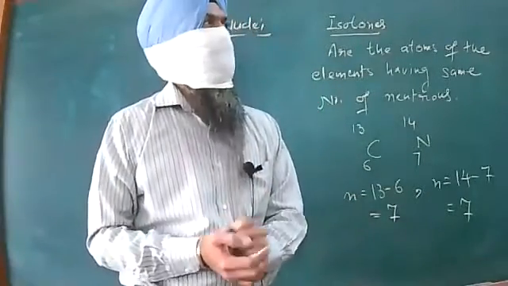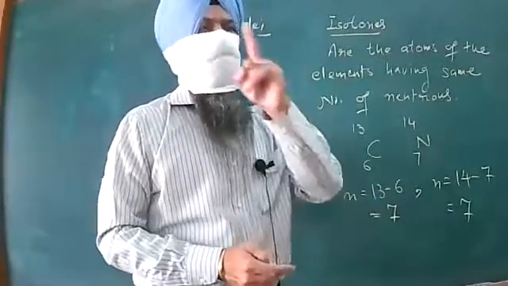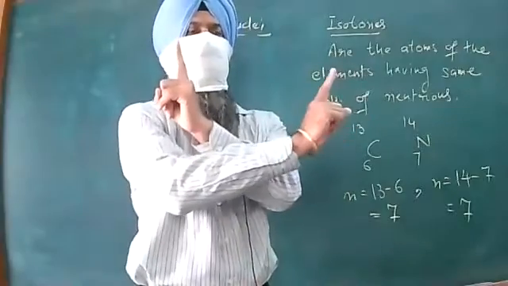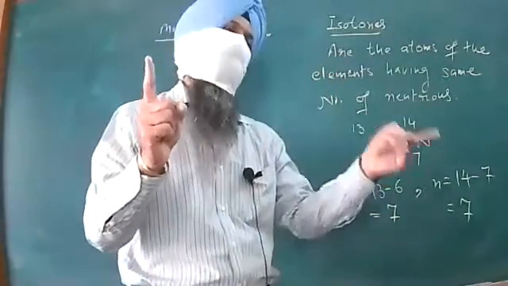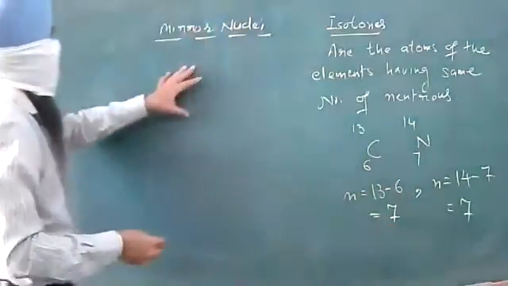Or you can also say that when the atomic number differs by 1 unit, the number of protons in the first will be equal to the number of neutrons in the second, and the number of neutrons in the first will be equal to the number of protons in the second state.